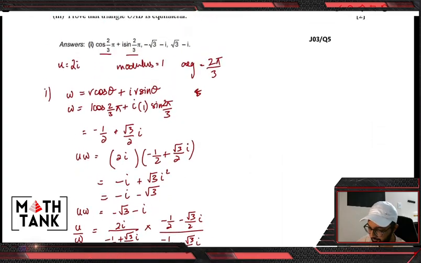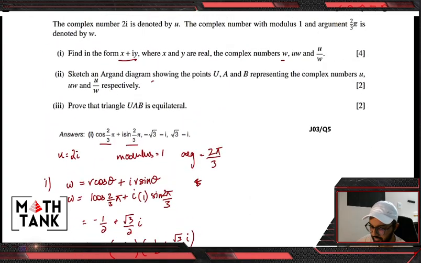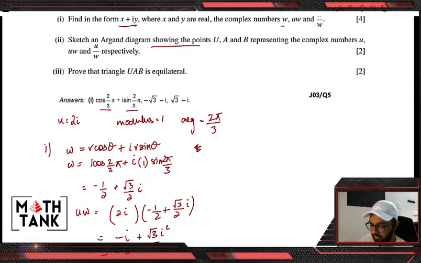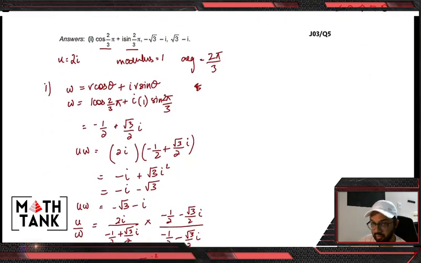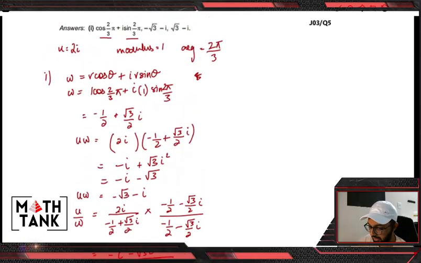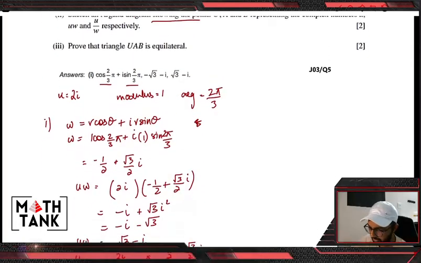The next task is to sketch an Argand diagram showing the points U, A, and B representing the complex numbers u, uw and u over w. Prove that UAB is an equilateral triangle. Now on the exam you'll be given an answer space like this, and you will have to plot your complex numbers.